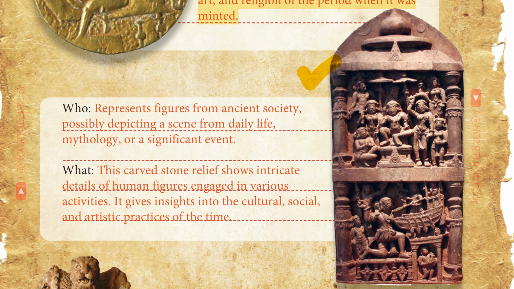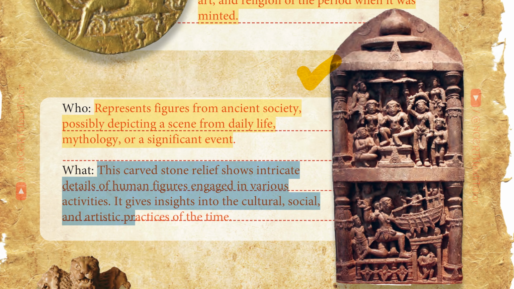Second image: who represents figures from ancient society, possibly depicting a scene from daily life, mythology, or a significant event. What: this carved stone relief shows intricate details of human figures engaged in various activities. It gives insights into the cultural, social, and artistic practices of the time.